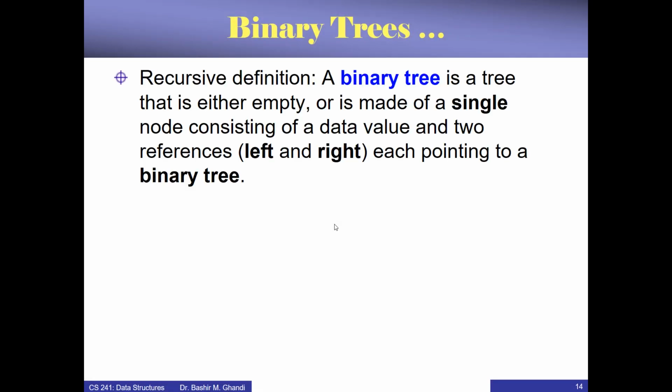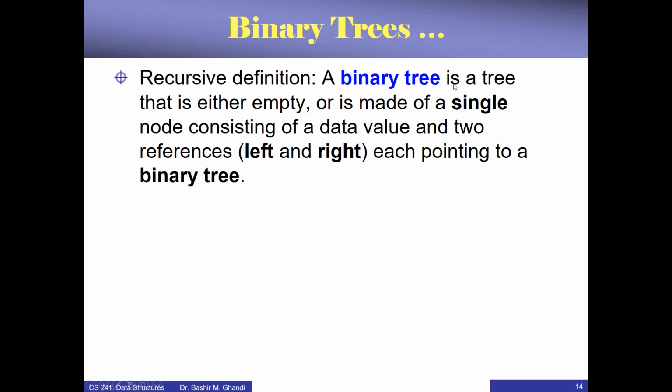Before we move away from the definition, let us look at a recursive definition for a binary tree. The definition we have just read in the last slide is fine, but when we come to implementation of methods, this recursive definition is more useful.